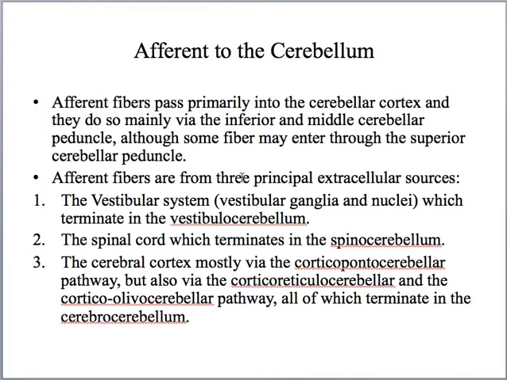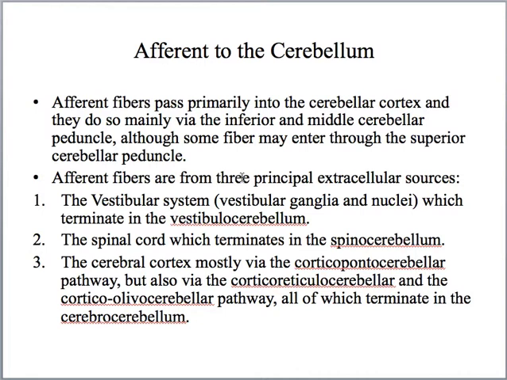The vestibular ganglion nuclei terminate in the cerebellum in an area referred to as the vestibulocerebellum. What I want you to remember is that the afferents coming from the vestibular ganglia terminate within the cerebellum, projecting in via the inferior cerebellar peduncle.